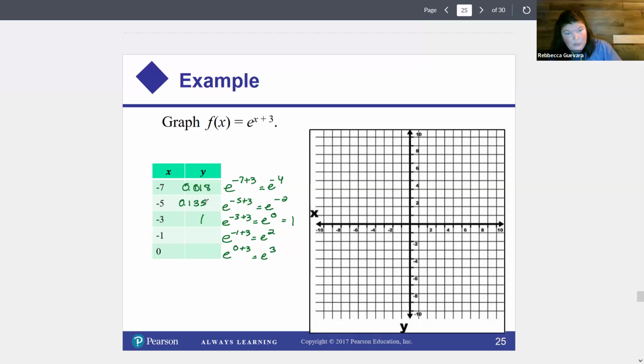Then e to the 0 we know is 1. e to the second power is approximately 7.389. And then to the third power is going to be 20.086.